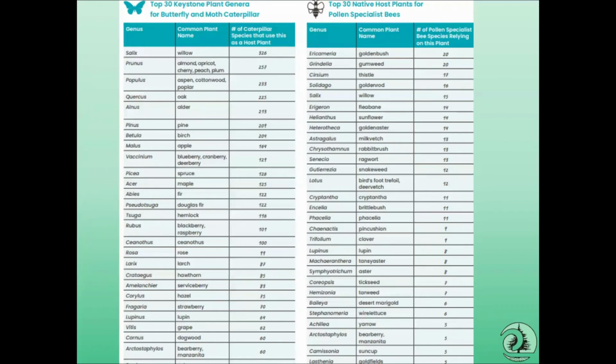I just had to create one by taking a screenshot, and I'm going to keep searching for a good PDF document of these plant insect interactions, because the number of caterpillar species that trees host is critical to wildlife health. And this is just excellent research that Doug Tallamy did. So I think you guys should all dig into this and make your decisions here based on things like this.